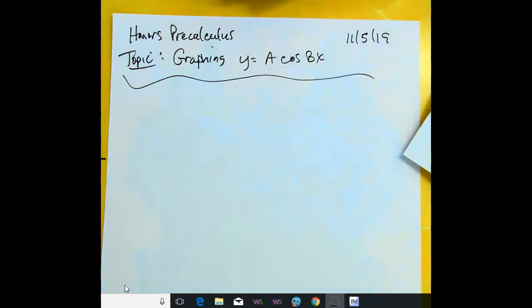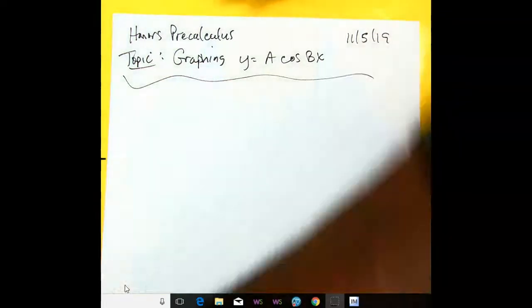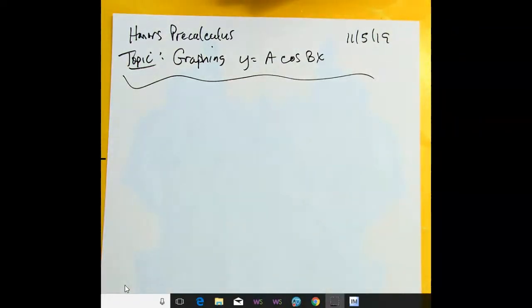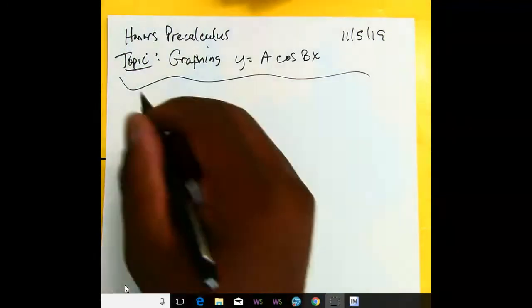All right, so we're going to be graphing y equals a times cosine of bx. Let's start with cosine like we did yesterday with sine, by generating an input-output table.